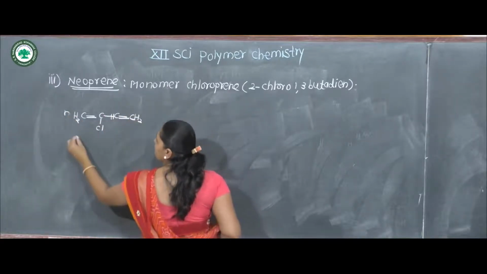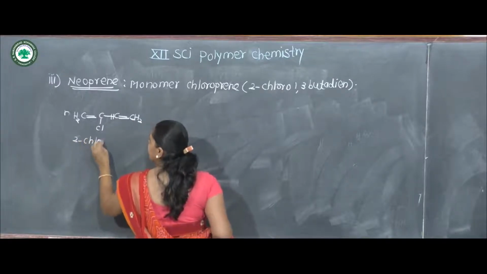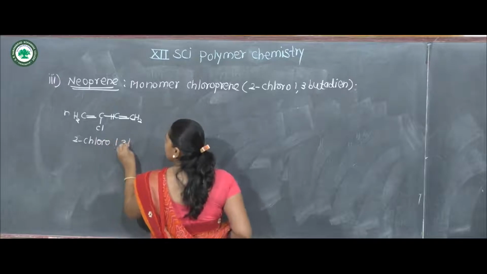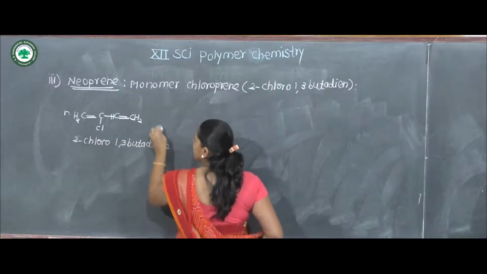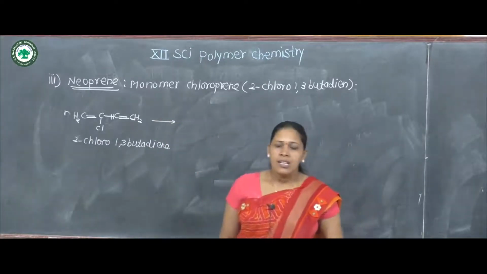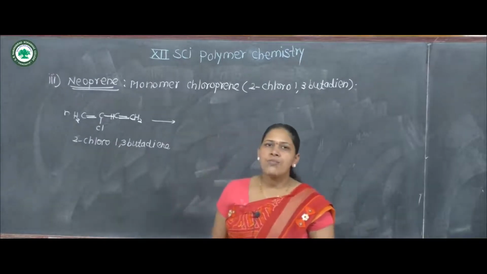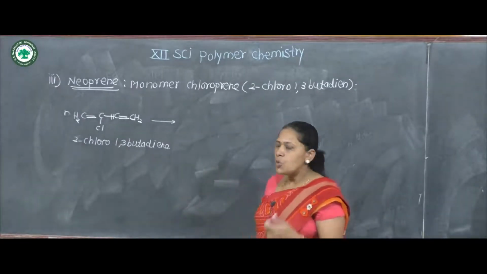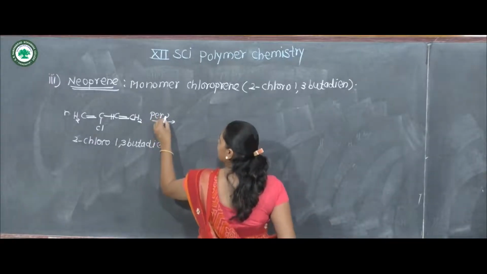This is the structure of 2-chloro-1,3-butadiene. It is obtained by addition polymerization using a free radical mechanism in the presence of peroxide.